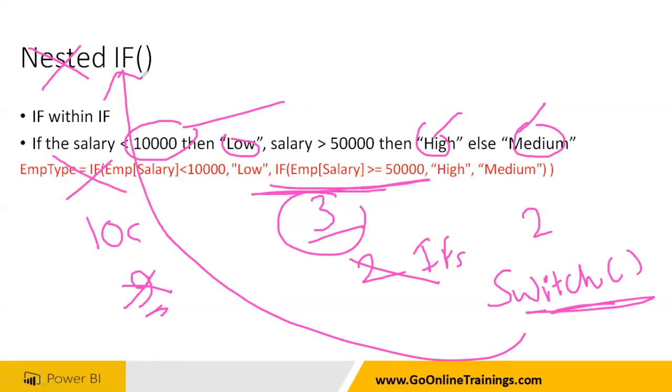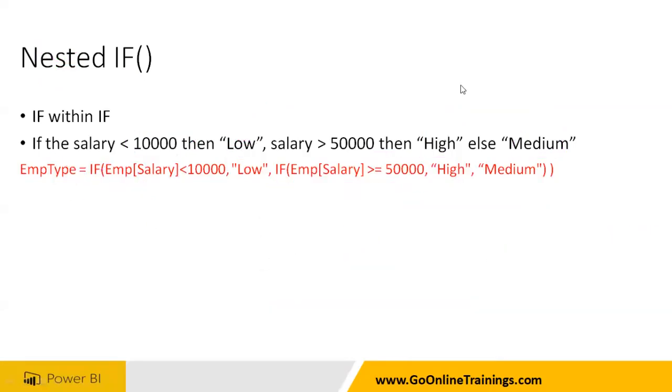If else is very easy, and you can write one more nested if, that is fine. But more than that, you will go mad. So to overcome that, DAX is giving switch case. We'll talk about all of them in the later classes.